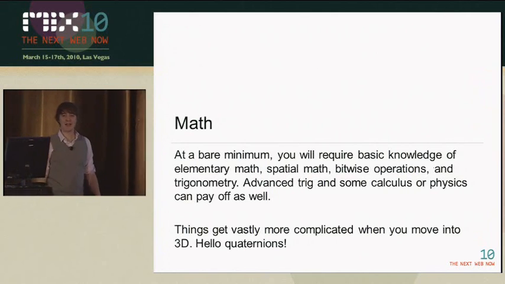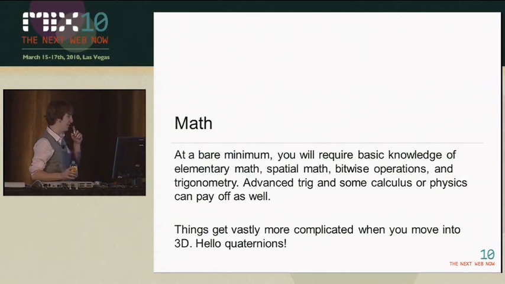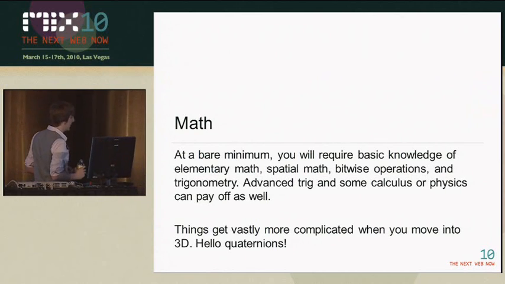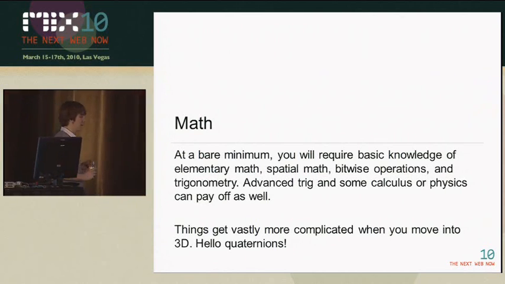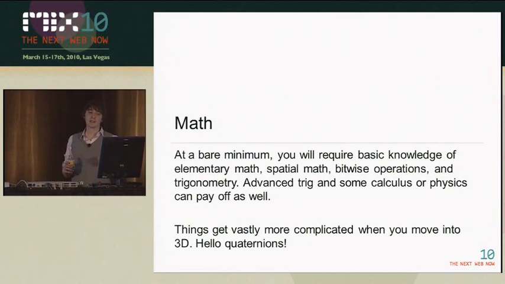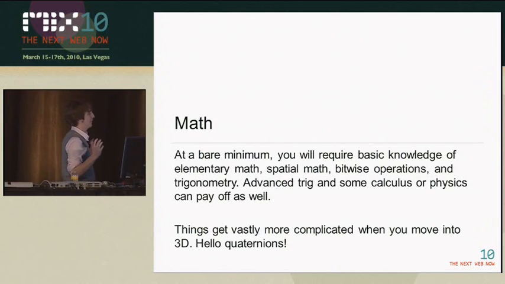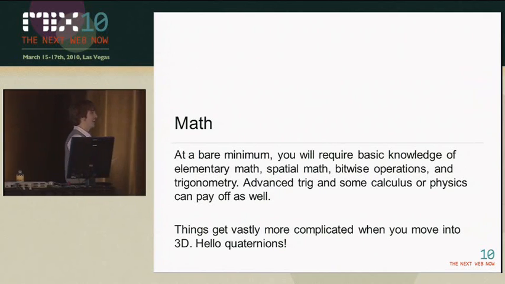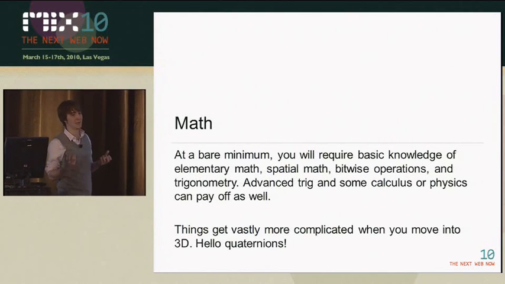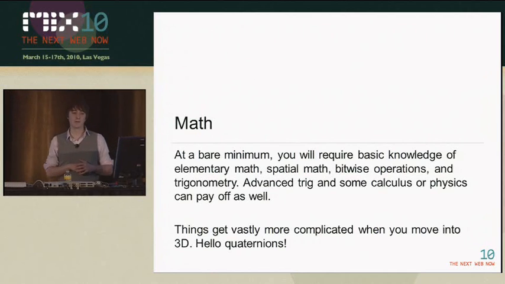You're going to have to know some math. So obviously, basic math, you need to be able to work with multiplication, division, addition, subtraction, modulus, these types of common things. You need to be really comfortable interchanging those things and knowing how to combine them to get the results that you want to get. Spatial math, so how do we move things around?